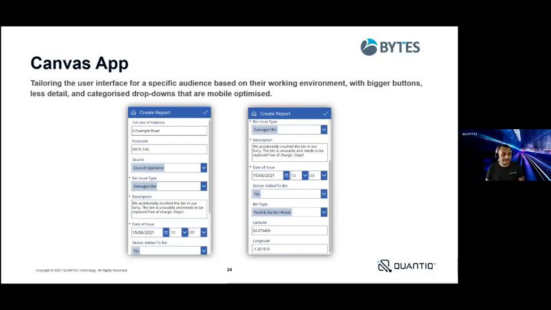What we don't want is our bin operatives going around trying to match bins to houses just to be able to log an issue. So this can give us enough information to tell us where the lorry was at that time. We can give the additional details if we can, and then we can automatically populate other things based on categorizations and the circumstances that sit around the device that's running the application.